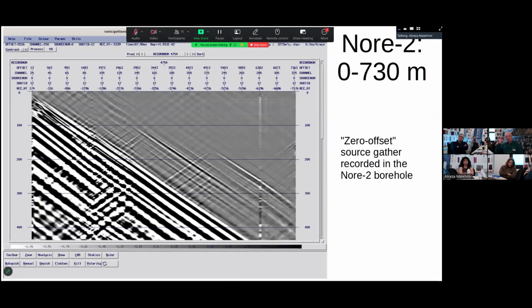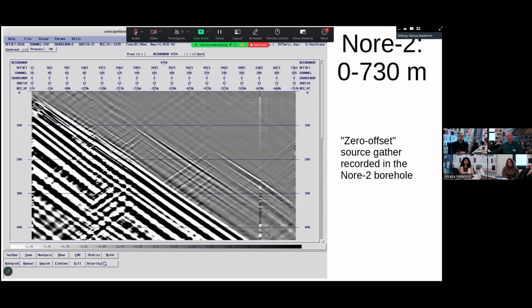Okay, if we look at the other borehole, which is quite different in its response, here we were able to get down to 730 meters, so we have almost the entire borehole covered with DAS. But the response is quite different. This is a near offset, or zero offset if you want to say, fiber optic recording, and it's dominated by tube waves.